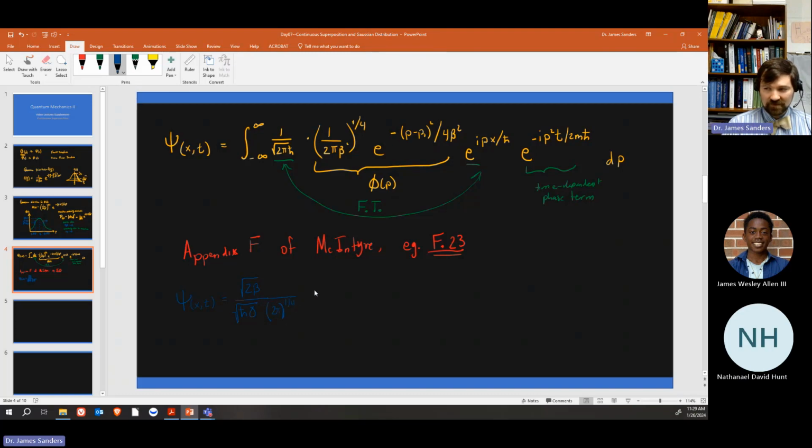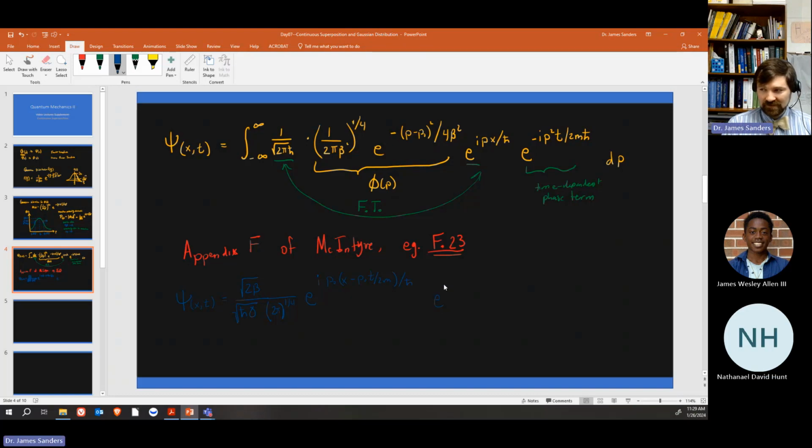I'll define gamma in a moment. e to the i times p naught x minus p naught t over 2m, all over h bar.